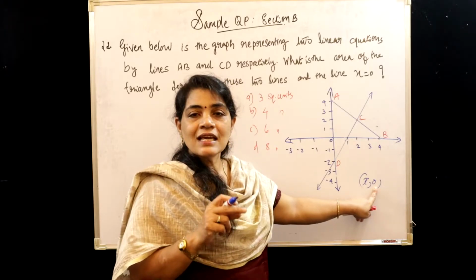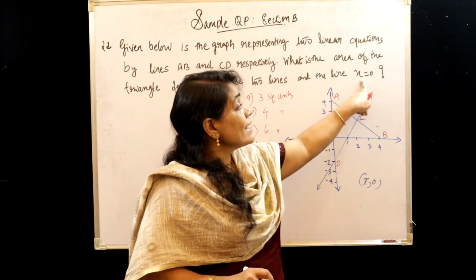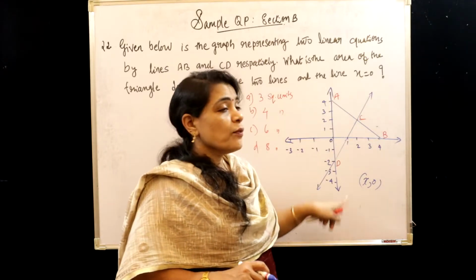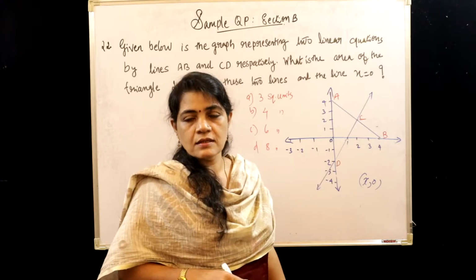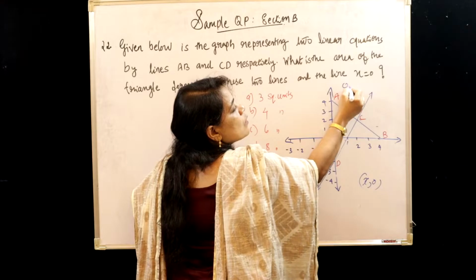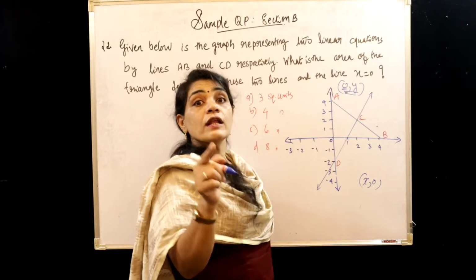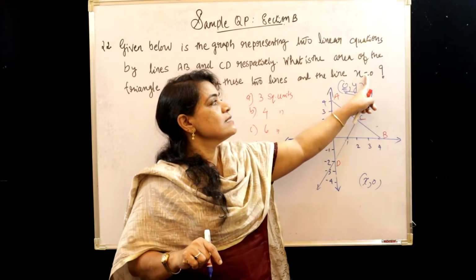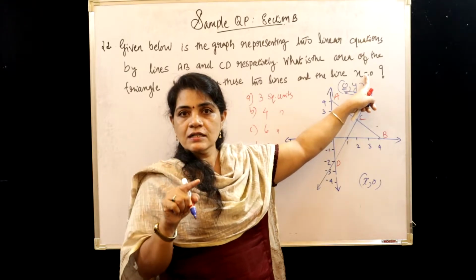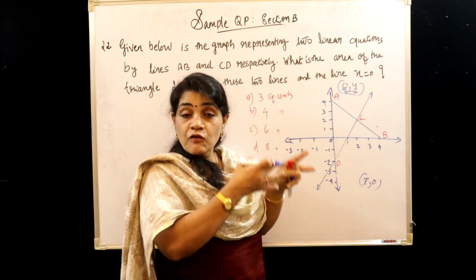That means y equal to 0 is the equation of the x-axis. Here x equal to 0, that means if a point lies on the y-axis, its general form will be 0, y. So in this pair, the x coordinate is 0. So x equal to 0 means you should consider the triangle with the y-axis.